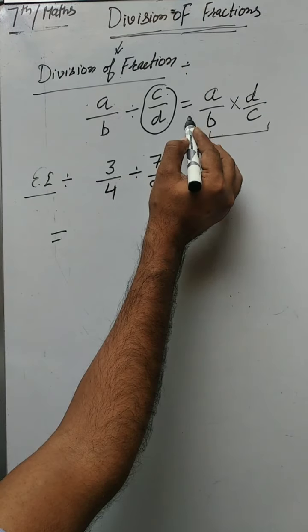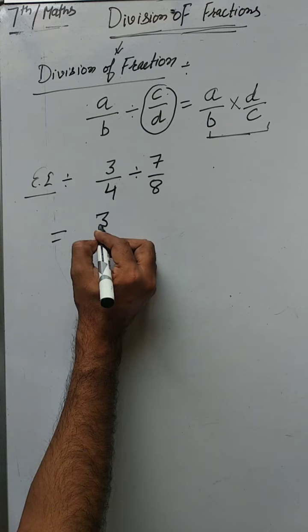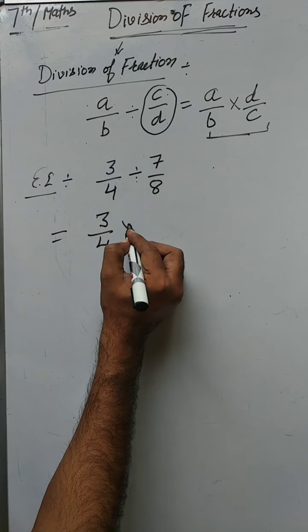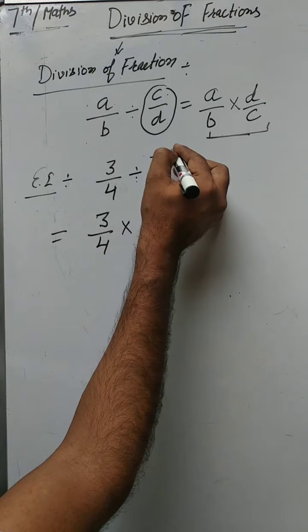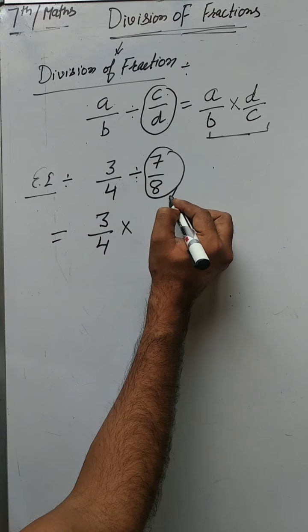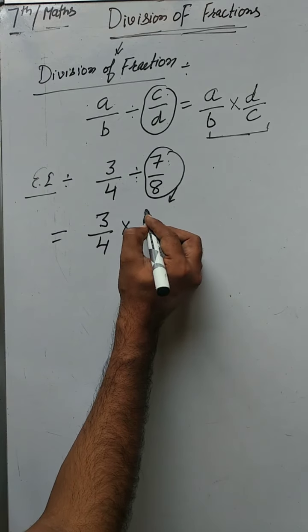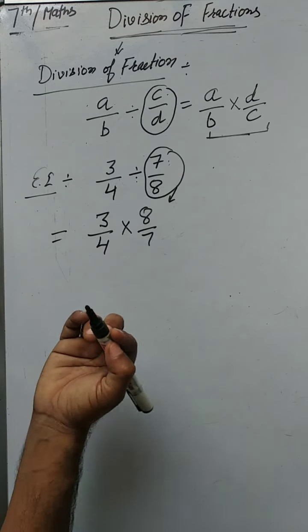Now as I already explained, keep 3 upon 4 as it is, change division into multiply, and here you will write the reciprocal of the second fraction. 7 upon 8 changes into 8 upon 7.